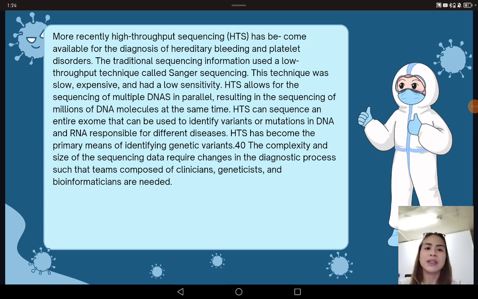It can sequence entire exomes, which are all the protein coding regions of genes, helping identify various genetic variants or mutations responsible for different diseases. As a result, HTS has become the primary method for identifying genetic variants. Nevertheless, the complexity and volume of sequencing data necessitate changes in the diagnostic process, requiring interdisciplinary teams composed of clinicians, geneticists, and bioinformaticians to effectively analyze and interpret the results.